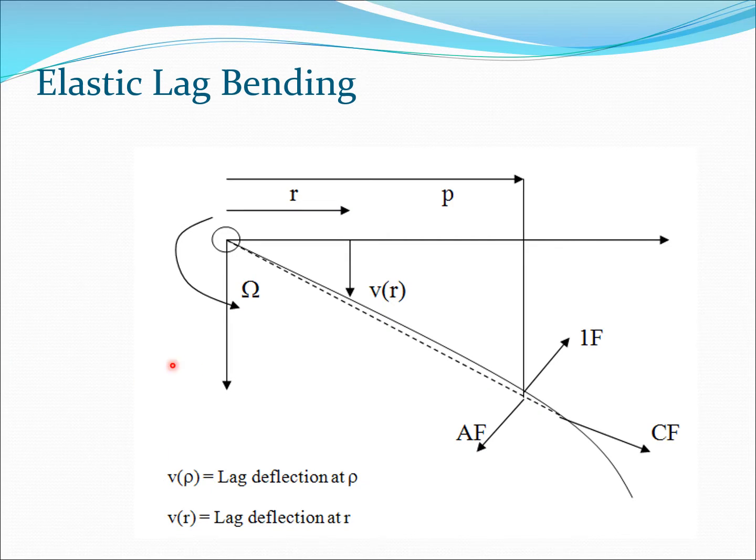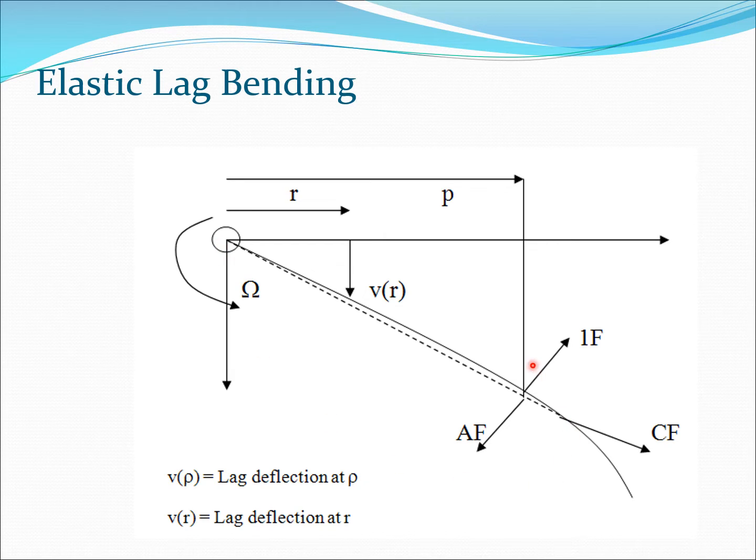So let's look at the picture of a section where forces are acting in this lagging blade. This is your blade here, and there is a rotation speed in this particular direction. Now we'll consider two sections here, a section at a distance r and a section at a distance rho from the hub or the root of the blade.